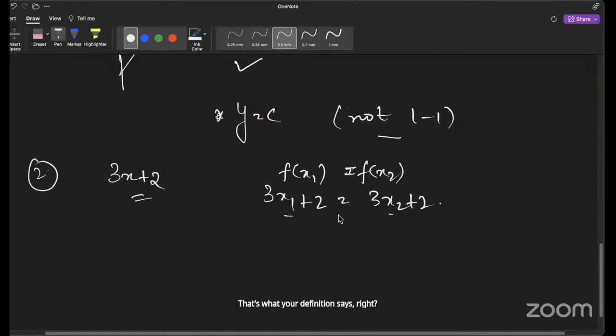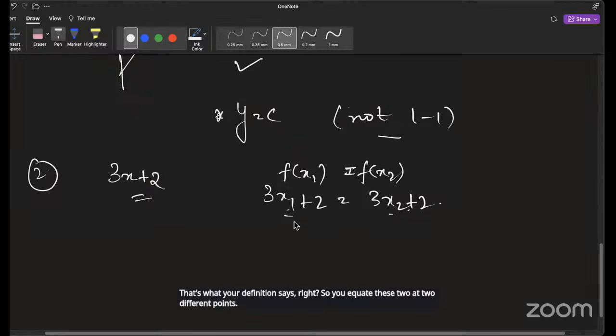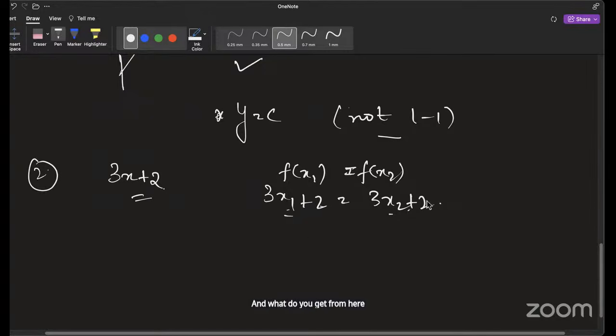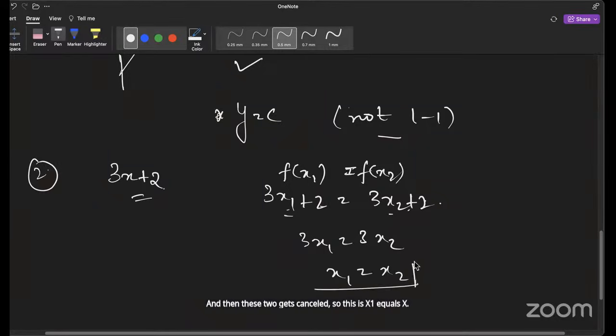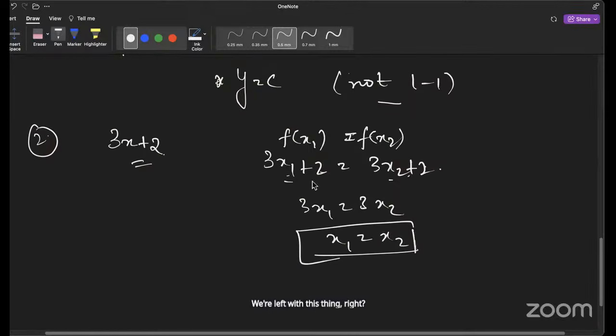So you equate these two. 2 and 2 get cancelled, and then you are left with 3x1 equals 3x2. Then these two get cancelled. So this is x1 equals x2. So if starting from here, you can conclude that your x1 and x2 are the same, then the function is 1-1, right? This is a 1-1 function using the definition.